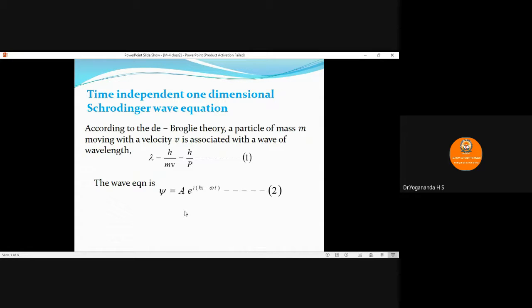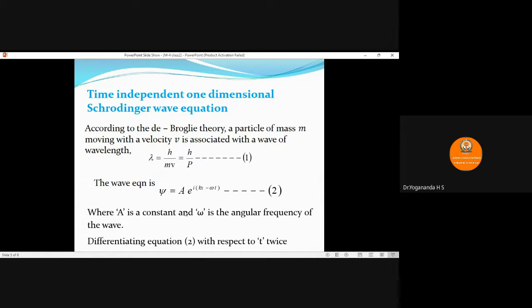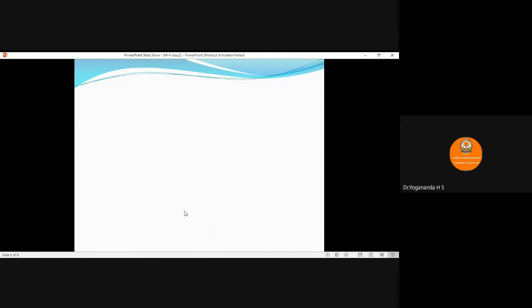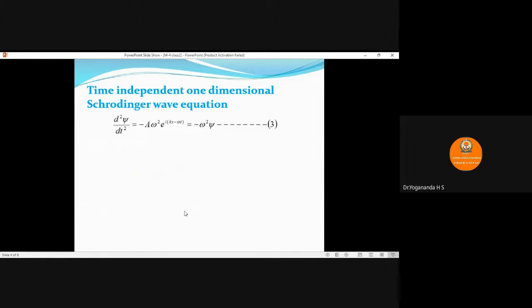This de Broglie wave moving along the x direction is represented by a wave function psi, given by psi equals a into e power of i(kx minus omega t), where a is the amplitude, omega is the angular frequency, and k is the propagation vector or wave vector. Differentiate this equation with respect to time two times. The first derivative, d psi by dt, equals a into i omega into e power of i(kx minus omega t).